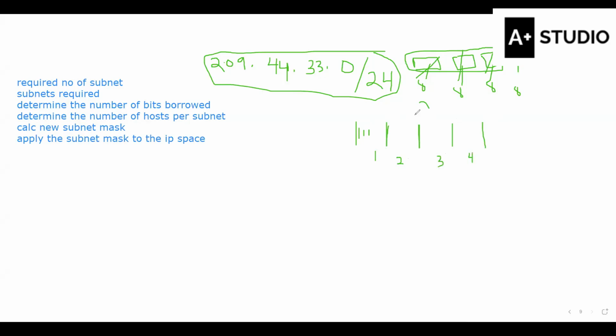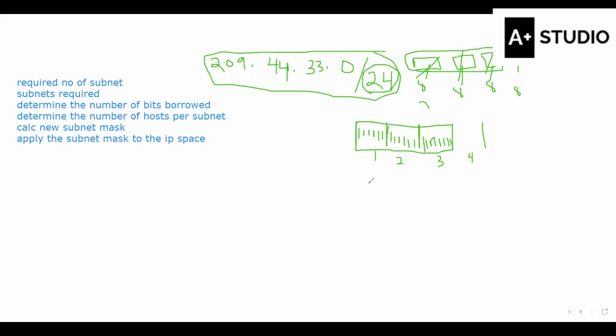The moment it says this is CIDR 24, meaning all the network portion, they are on, meaning everything becomes 1. So this will become 8 ones for 8 bits, and all of the network part are turned on.